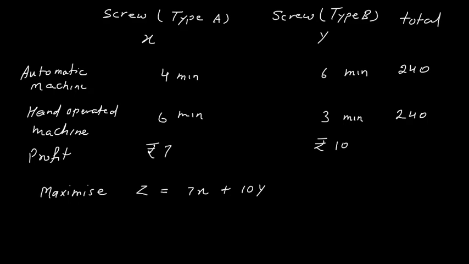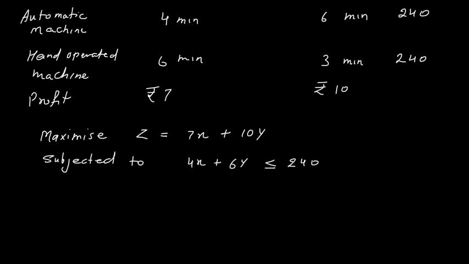We have to maximize this, subject to 4x plus 6y less than or equal to 240 and 6x plus 3y less than or equal to 240, and x, y greater than or equal to 0.